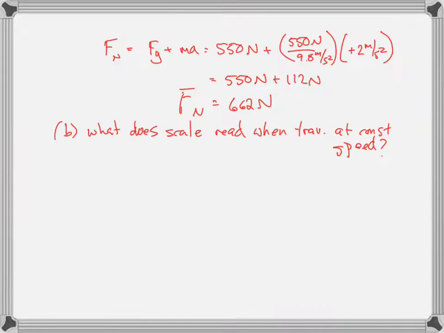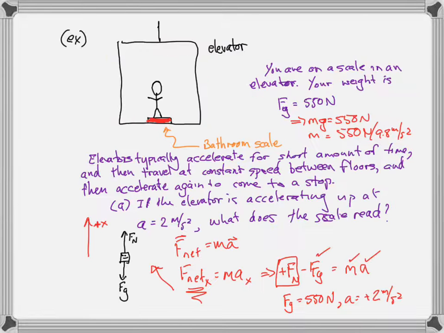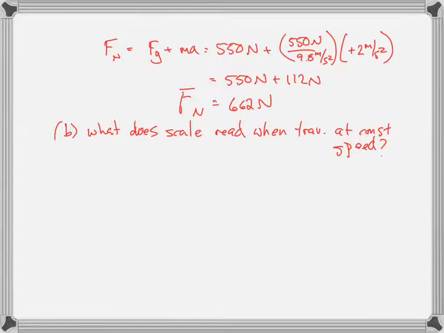All right, so how does the scale read when the elevator is traveling at constant speed? Well, this is where you need to realize that we can go ahead and do the same analysis here, but A is equal to 0. If it's traveling at constant speed, then A is equal to 0. Therefore, Fn minus Fg equals m times 0.